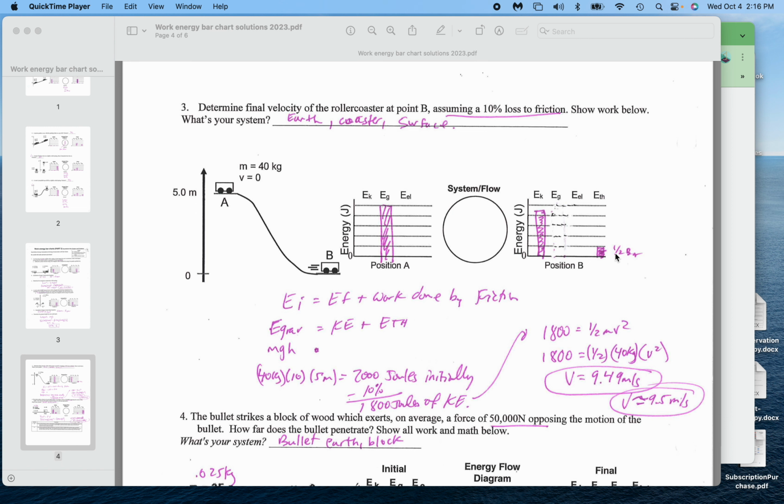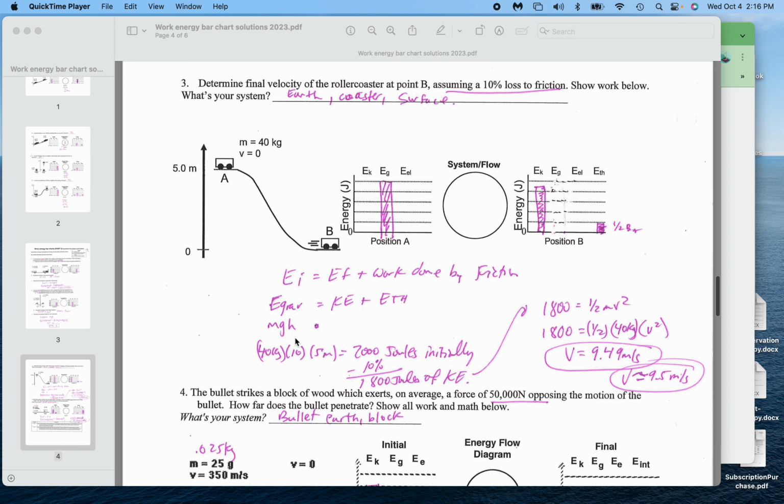It says that it's thermal energy or heat energy somewhere in the system, the car, the track, or something like that. So E initial is equal to E final plus the work done by friction. E grav is equal to kinetic energy plus E thermal, or E internal.